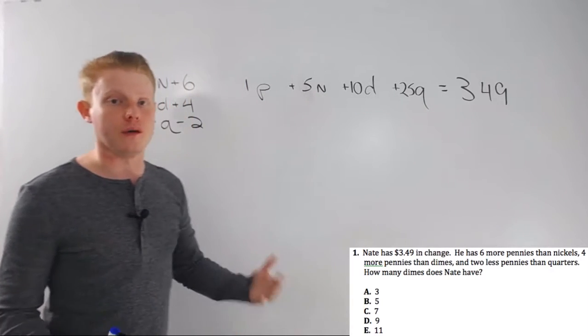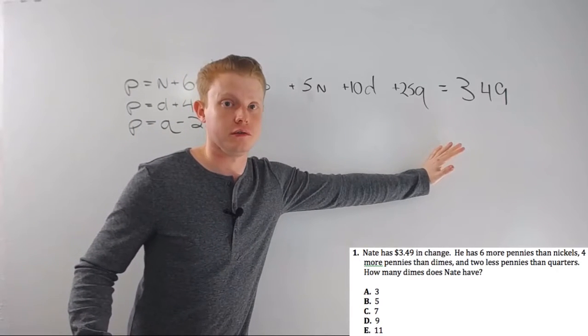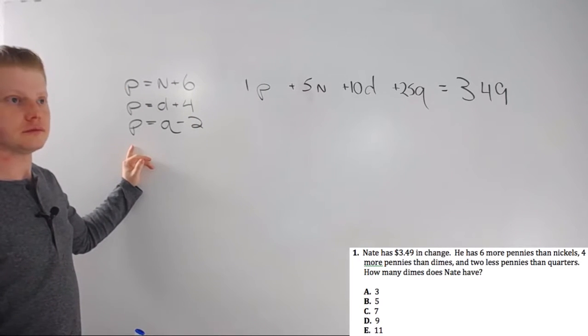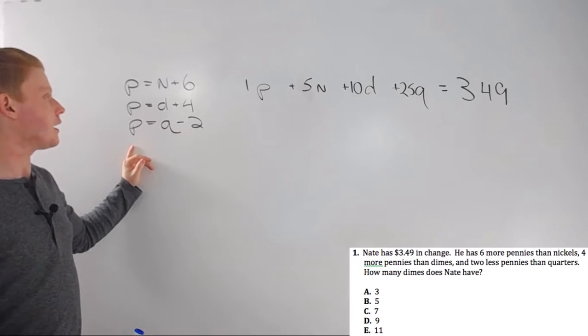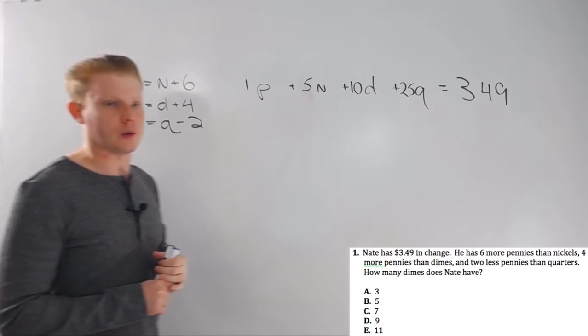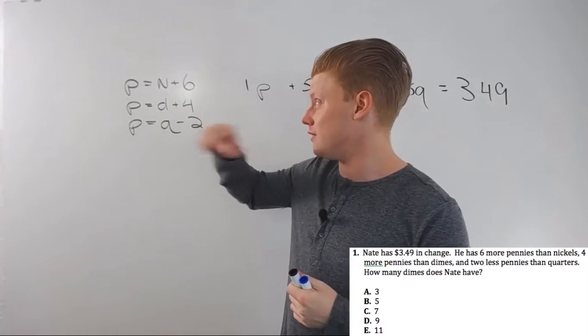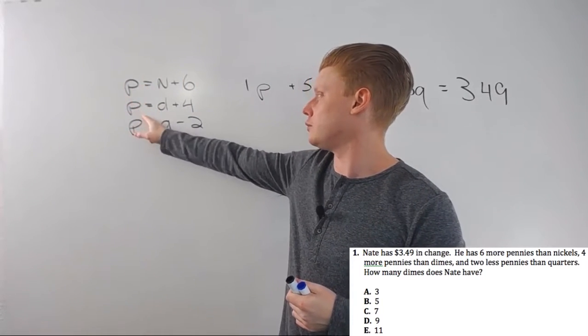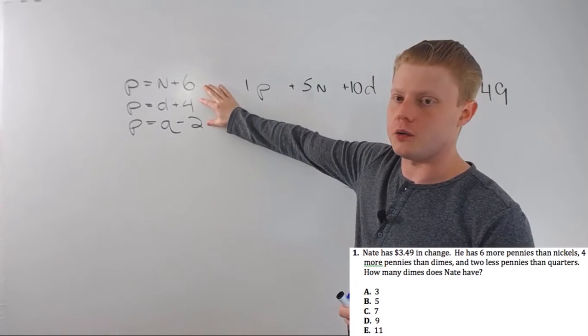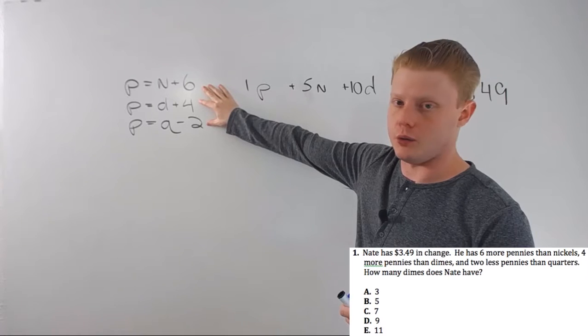I've got to get it down to one variable in this equation so that I can solve it. So I could put everything in terms of pennies. I think that's the way to go, right? Because pennies is my touchstone. Pennies is related to nickels, dimes, and quarters. But the way I originally wrote my equations doesn't really help.